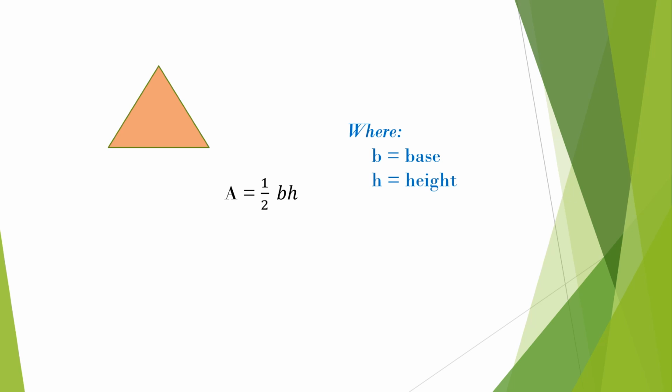So let us work on this example. Let us say the base is 9 centimeters. The height is equal to 6 centimeters. Okay, so substitute B. The base is 9 centimeters. The height is 6 centimeters. There.